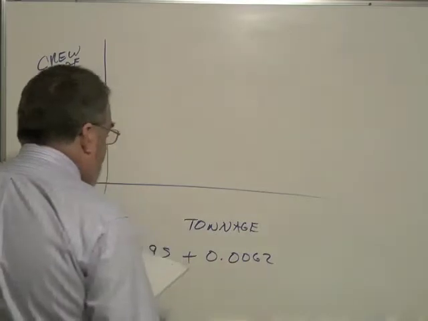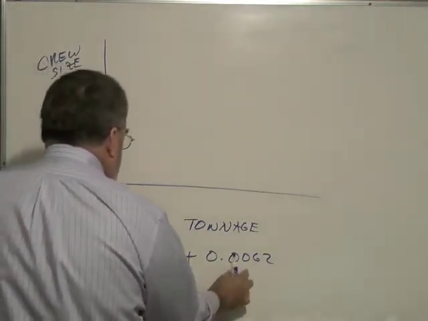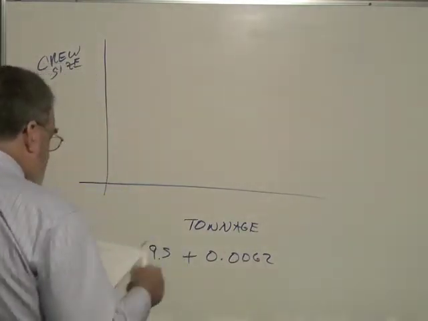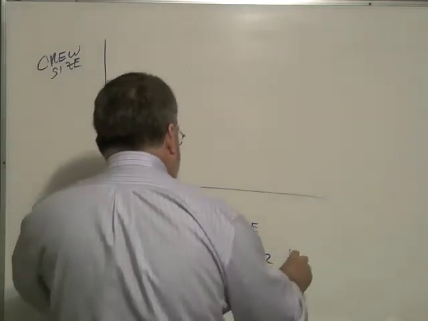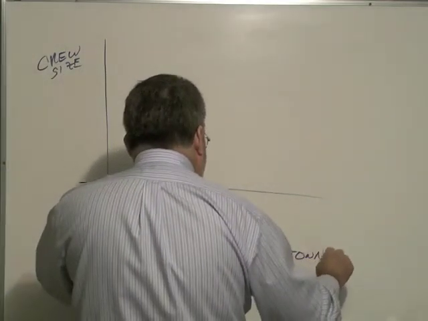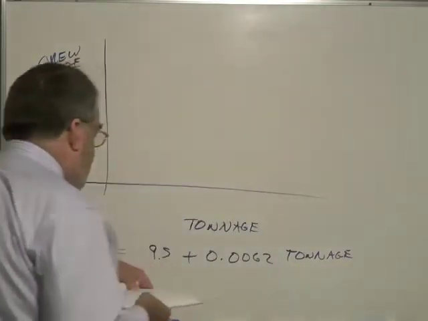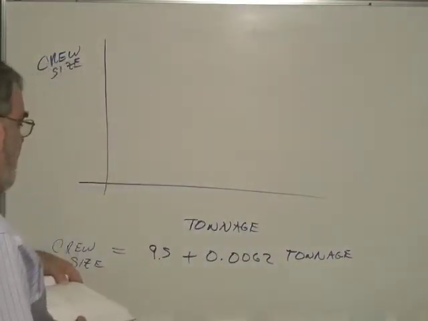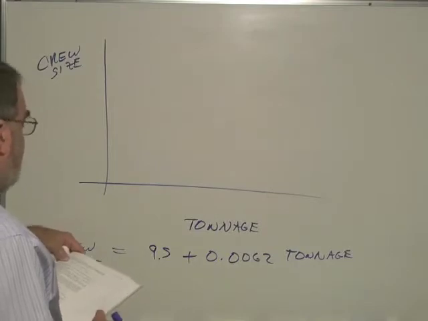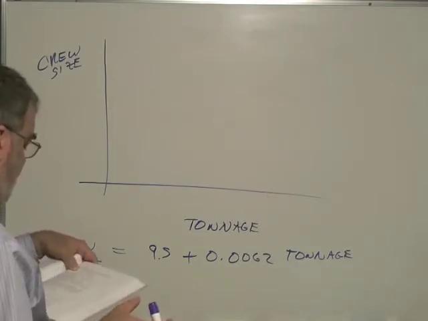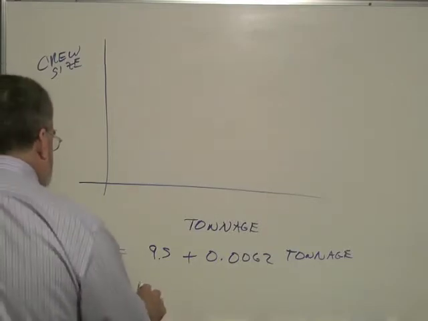In order to make things work out, this needs to be 0.0062, not 3 zeros. So that was a typo in the book. All right. So there's the equation, the regression line equation.